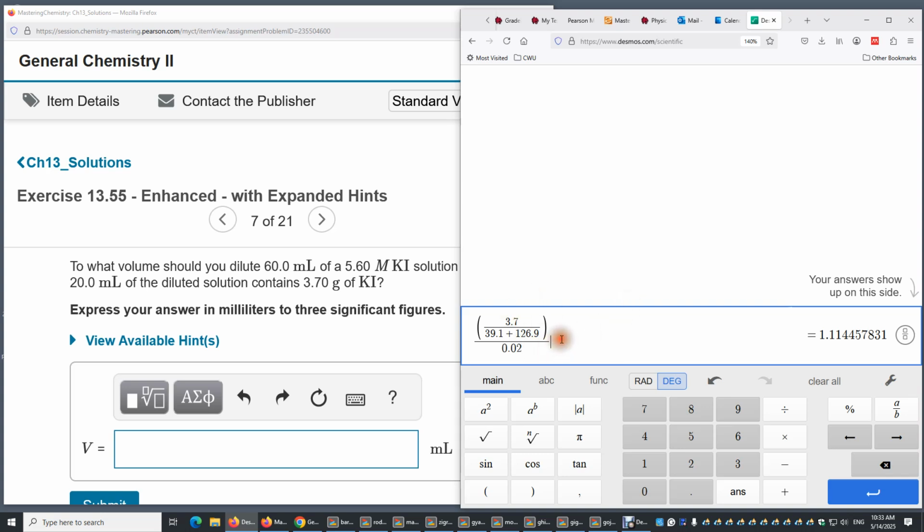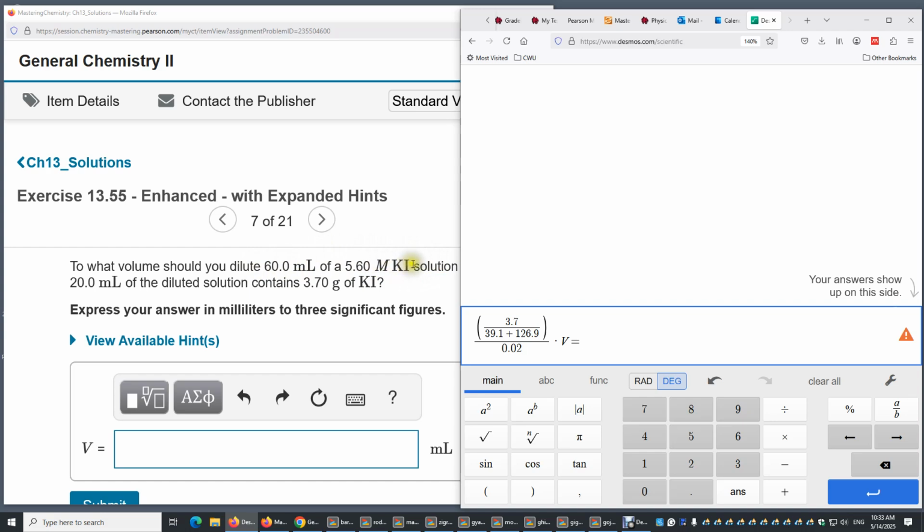And this multiplied by the volume of the diluted solution, so times V, is equal to the number of moles of KI in the original solution. It's just because the amount of KI does not change after we dilute this original solution.